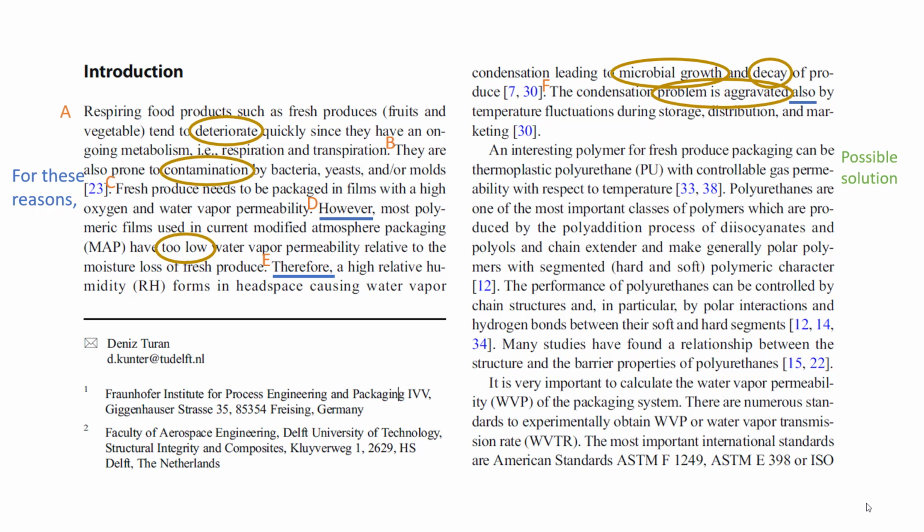We can look at these thermoplastic polyurethane packaging, and the author goes through and talks about those. And I'm going to skip down here to what is labeled G. Many different studies have found a relationship between the structure and the barrier properties of these polyurethanes. So here we have this packaging, but interestingly, the different structures relate to different barrier properties.